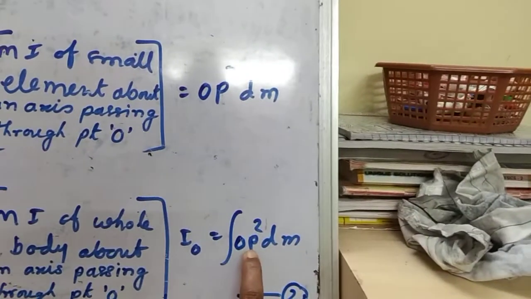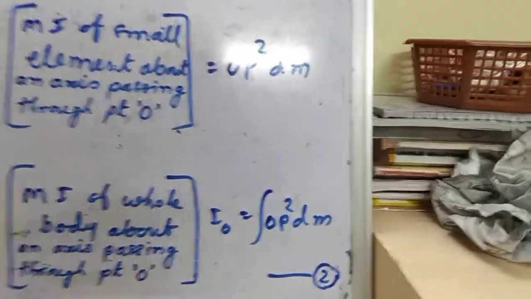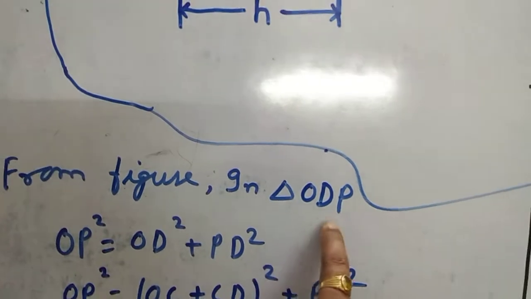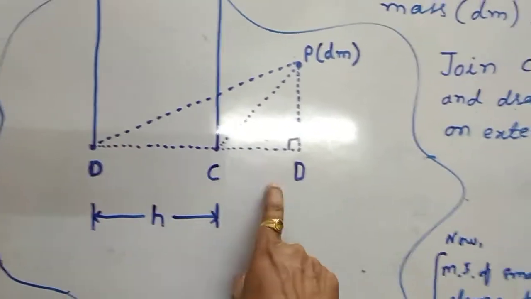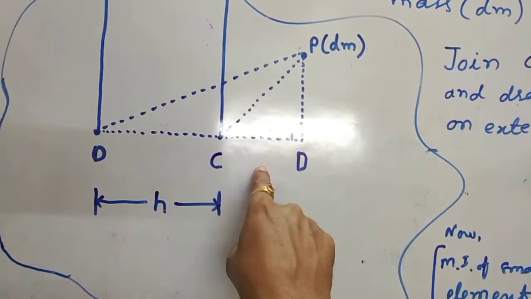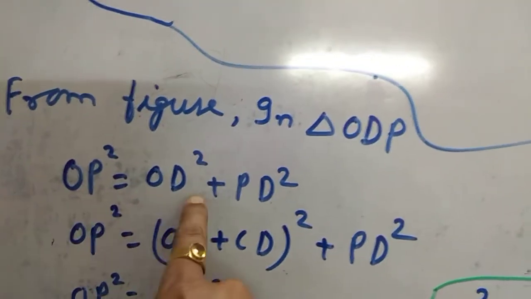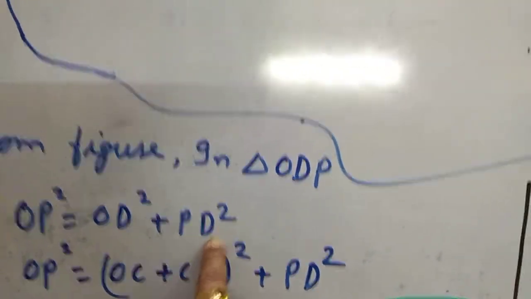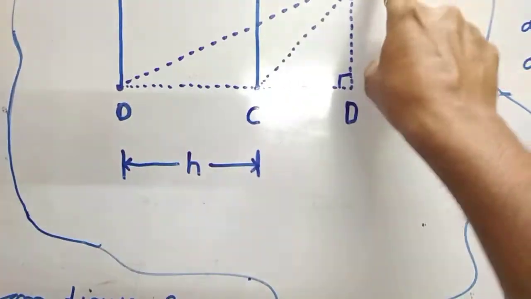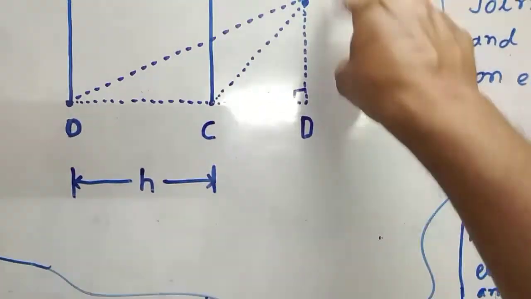To calculate the value of OP square in equation number 2, let us consider triangle ODP. In triangle ODP, it is a right angle triangle. So by using the Pythagoras theorem, we can write OP square is equal to OD square plus PD square.